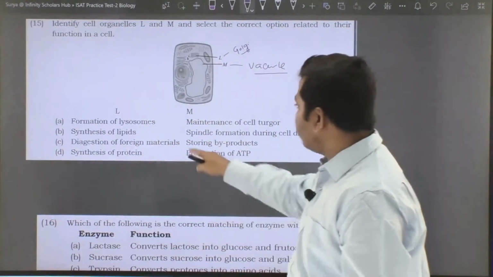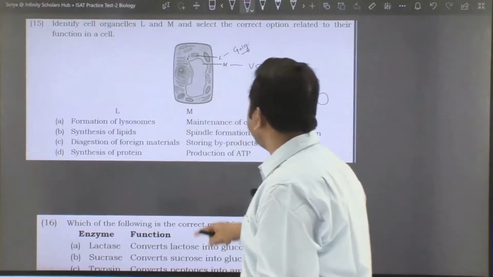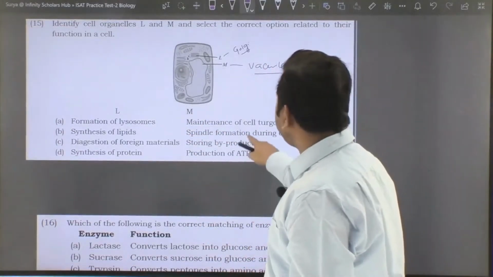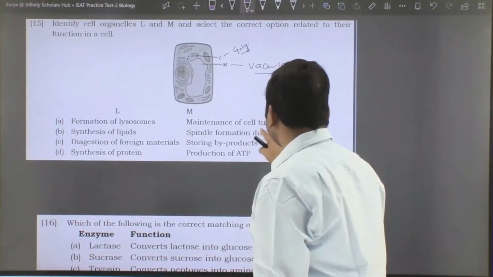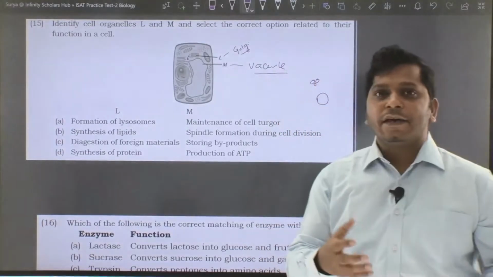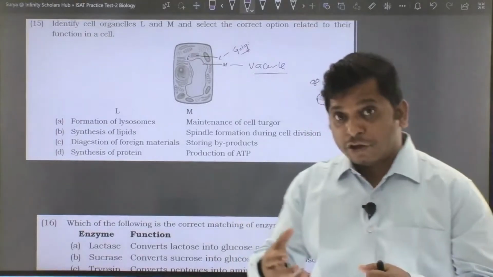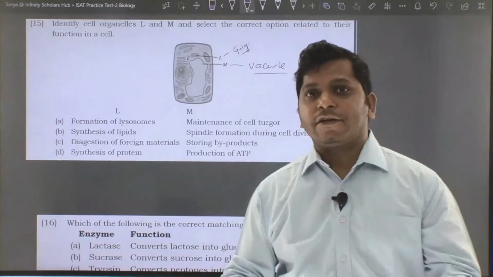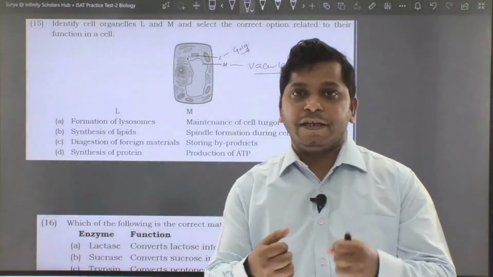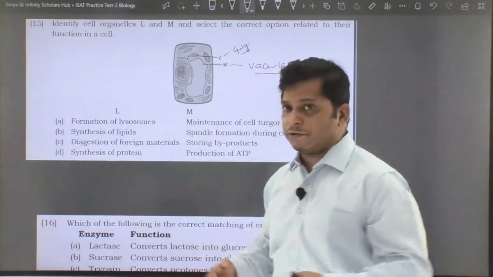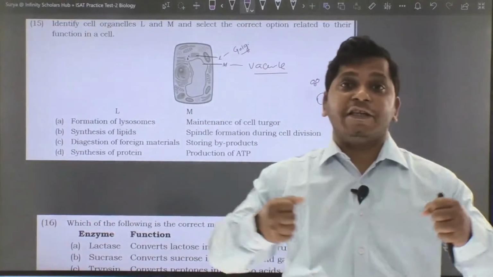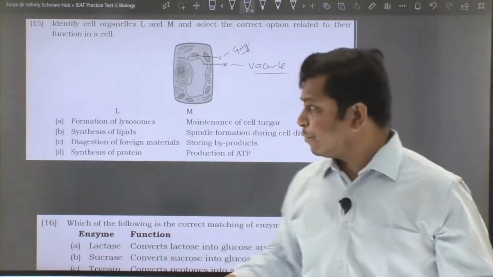Let us look at the corresponding option in M for the vacuole. Maintains the cell turgidity or cell turgor. Turgor pressure increases when the water content inside the cell increases, and it creates a pressure. So the cell is at an expanded state.